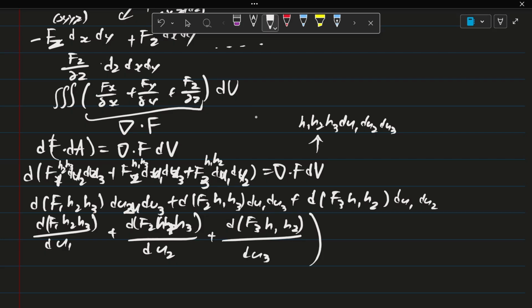And everything is divided by h1 h2 h3. And this is the formula for the divergence in other coordinate systems.